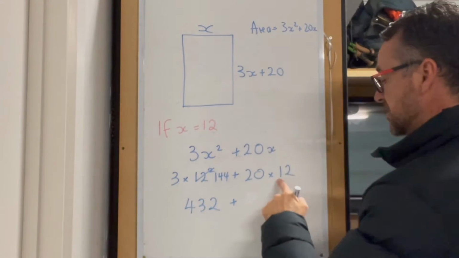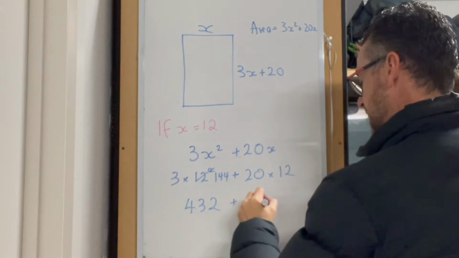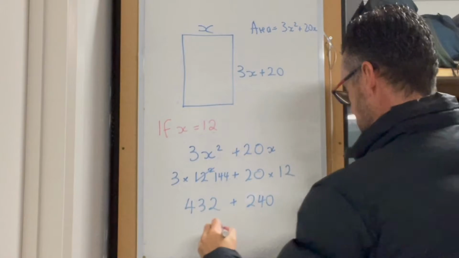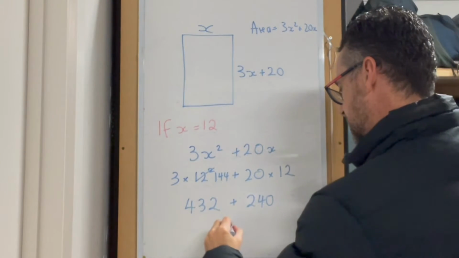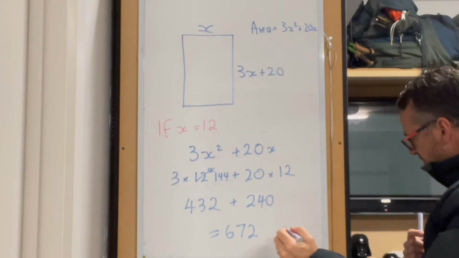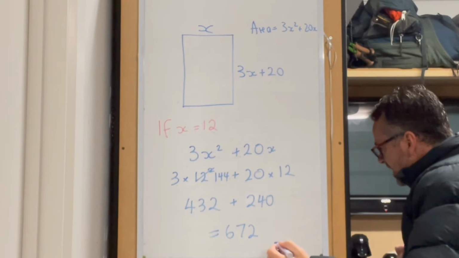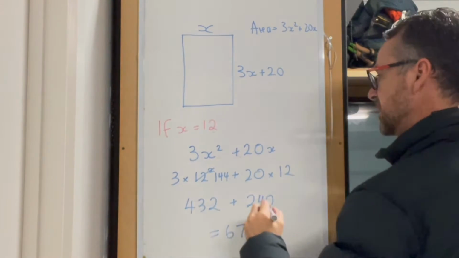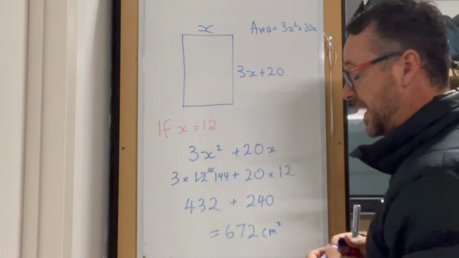And we're going to add on to that 12 multiplied by 20, which is 240. And that's going to give us a final total of 672. It tells us in the original question that these are all in centimetres, so it's going to be centimetres squared.